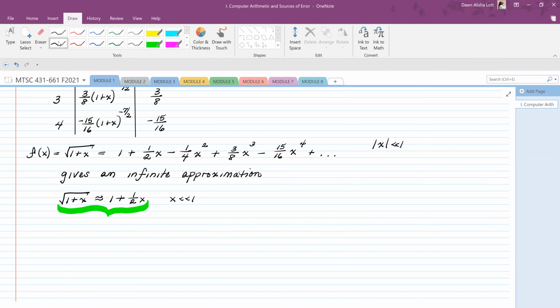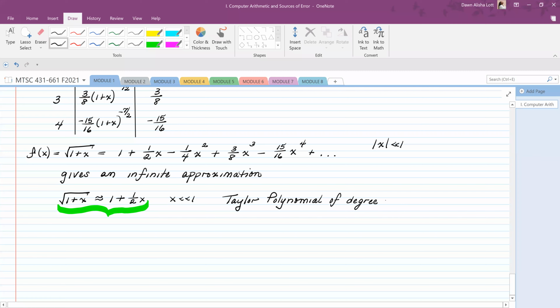And in fact, this is actually the Taylor polynomial of degree n equals 1.